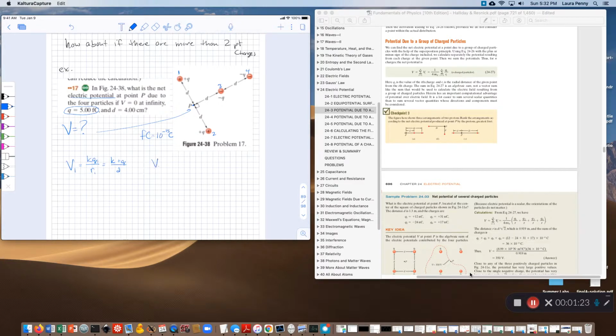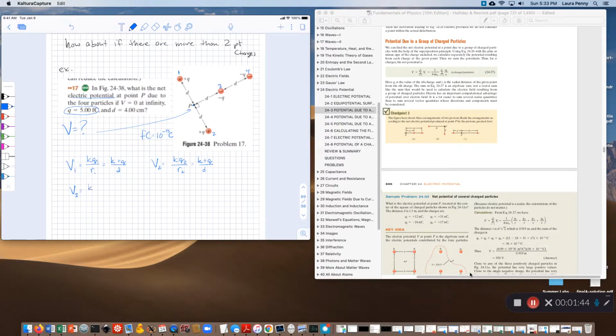There's also V2, which is K Q2 over R2, where Q2 is also a positive Q, and it's also D away. There's V3.